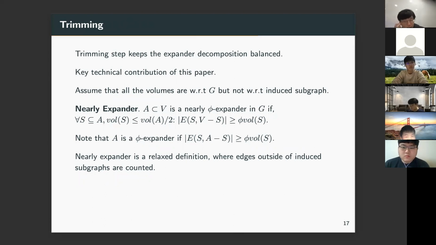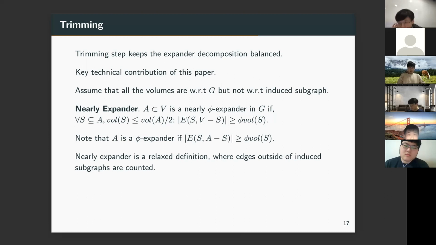So we define a Nearly expander. A subset of vertices is a Nearly expander when you can count the edges that go outside the induced subgraph.